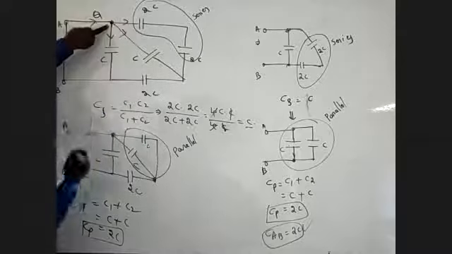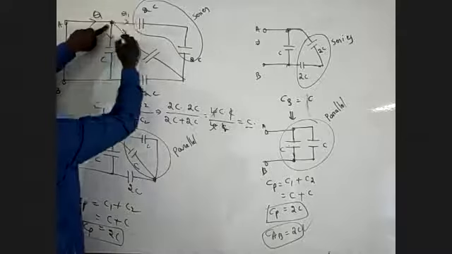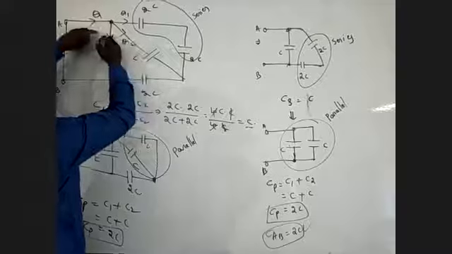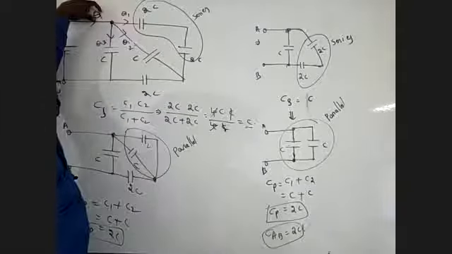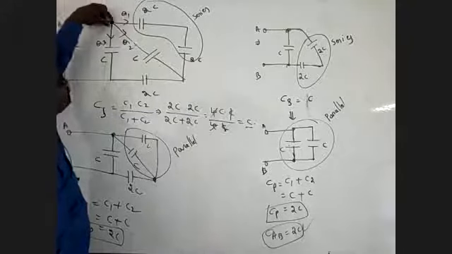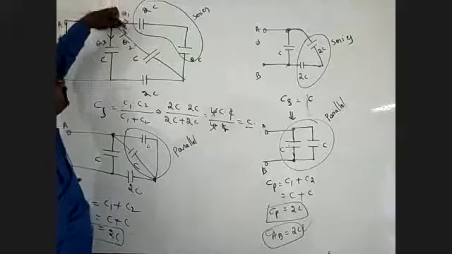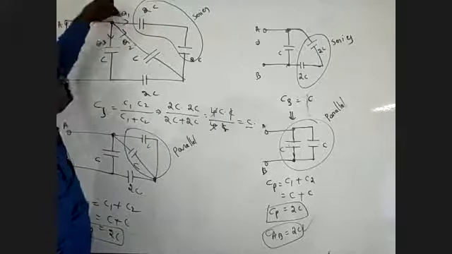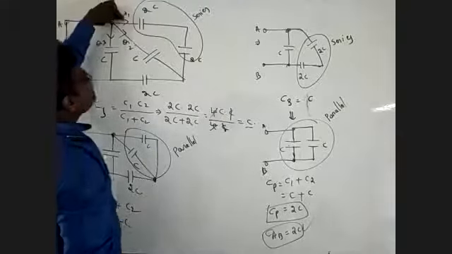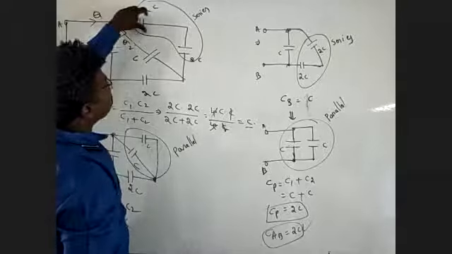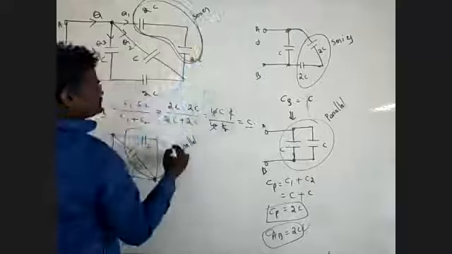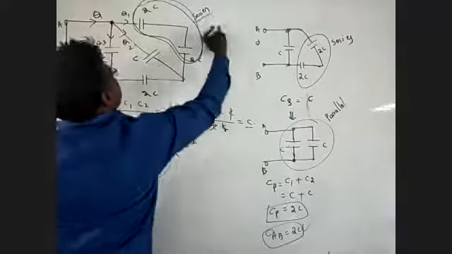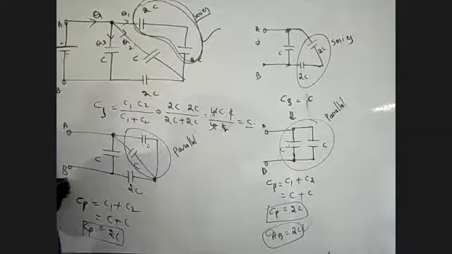Q is the total charge entering the junction point, which is divided into Q1 charge, Q2 charge, Q3 charge. Q1 charge is the same for this capacitor and this capacitor. The charge is the same for the two capacitors means series connection.